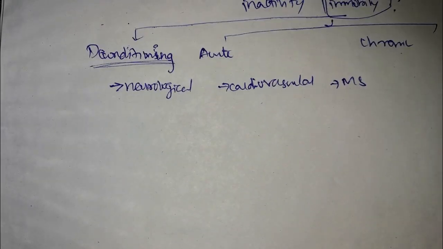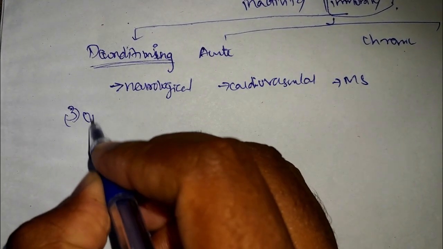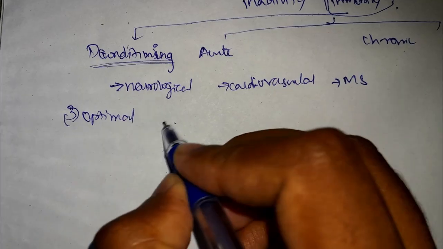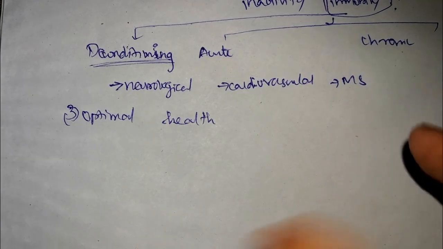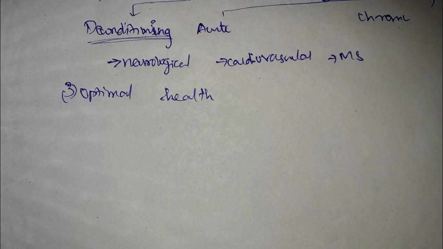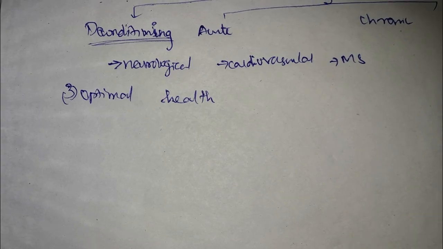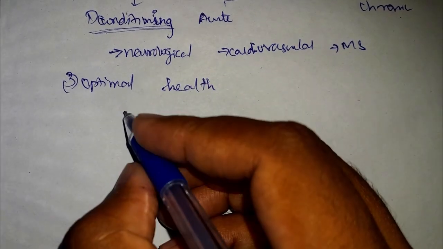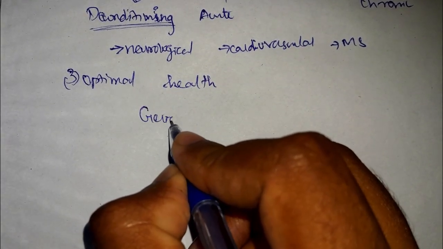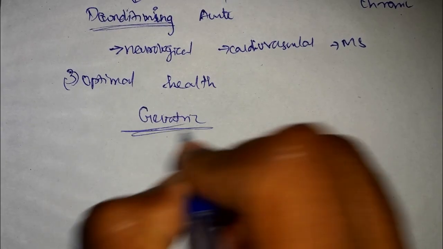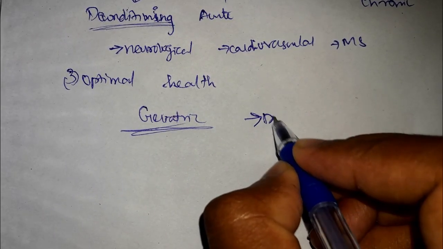The third principle is optimal health. Optimal health means a required amount of health should be present in that person. The geriatric population has higher disability.